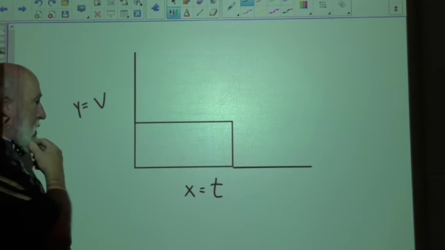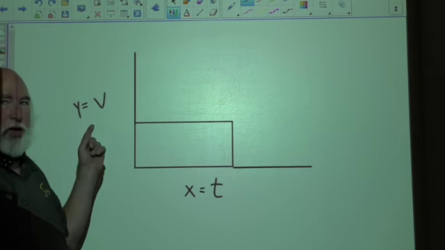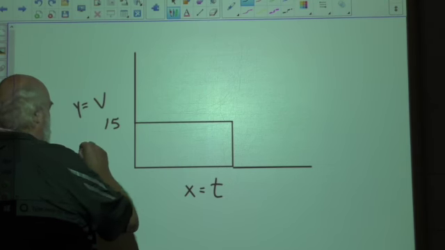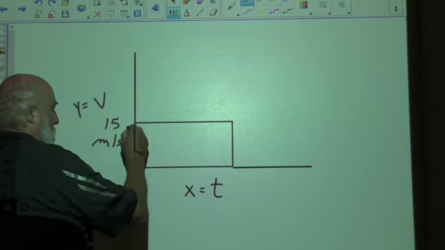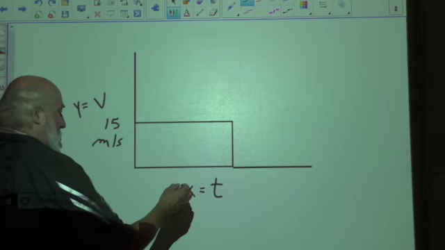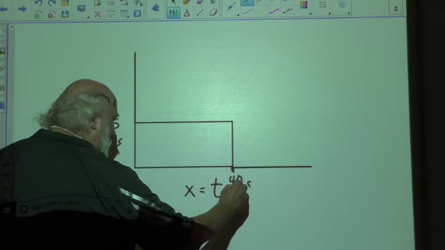Now, because velocity is constant, this is going to be a horizontal line. Let's say in this case that we're looking at 15 meters per second. So it's going at this constant speed. Let's suppose that the time in which this goes, at this point right here, let's say it's 40 seconds.